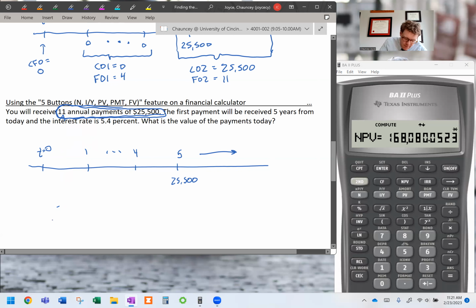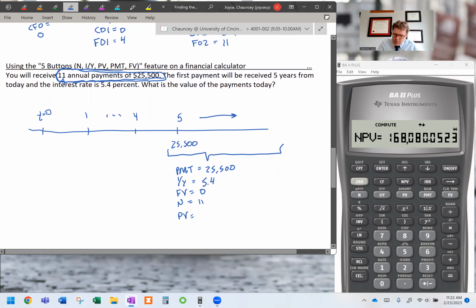So if you want to find the value using these 5 buttons, it is still a 2-step approach. Your payment, PMT, is 25,500. Your relevant discount rate is 5.4%. There is no future value. You are just valuing the 11 payments right now. There's no additional lump sum at the end of that. So N is 11.